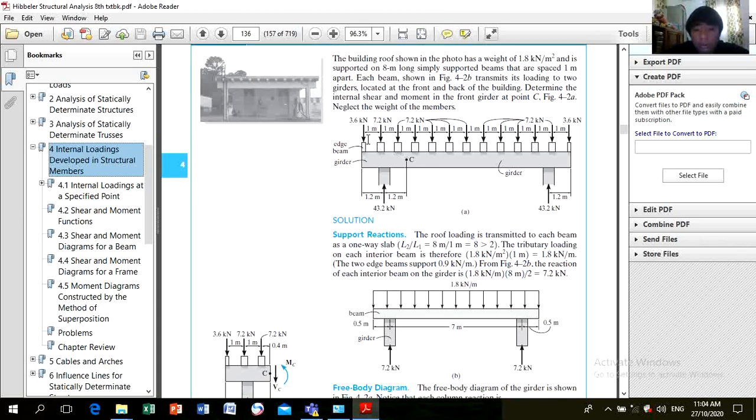Okay? The roof is on top of this and has a weight of 1.8 kilonewtons per meter squared. And this beam is carrying this load, 3.6 and 7.2.